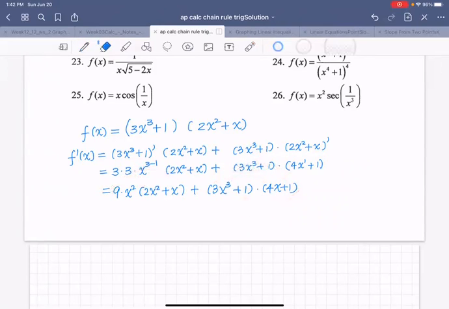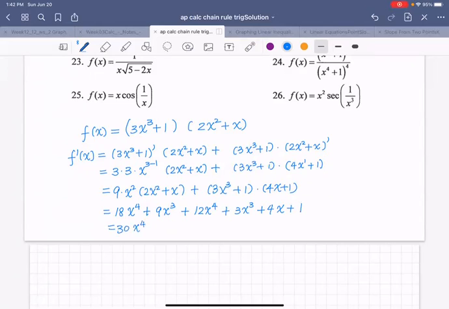This is 18x to the power 4 plus 9x cubed, plus this times this, that is 12x to the power 4 plus 3x cubed plus 4x plus 1. So we get 30x to the power 4 plus 12x cubed plus 4x plus 1.